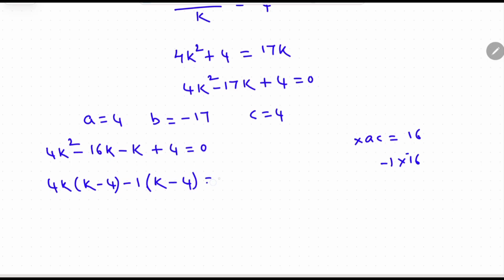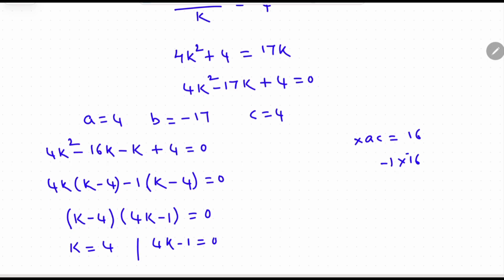So k minus 4 will be common and 4k minus 1 equals 0. Therefore, k minus 4 equals 0, so I am writing simply k is equal to 4. And 4k minus 1 equals 0, therefore k will be 1 by 4. That is the answer. K value 4 and 1 by 4.